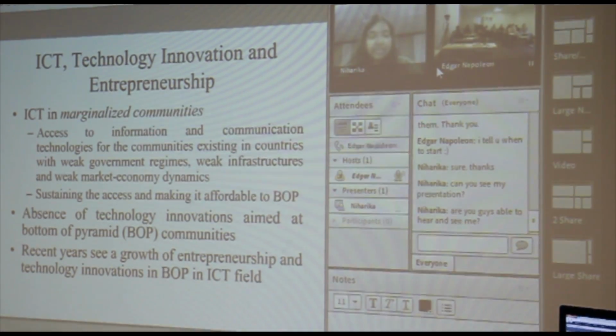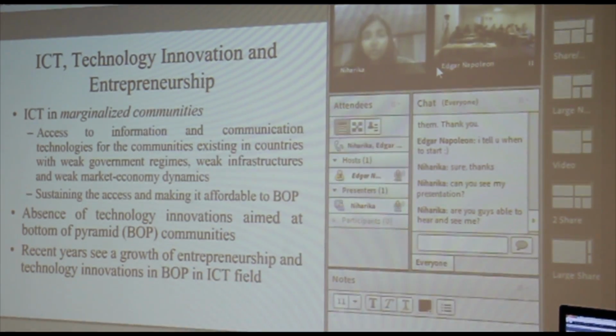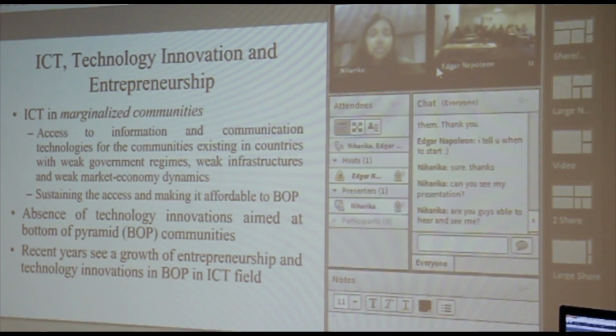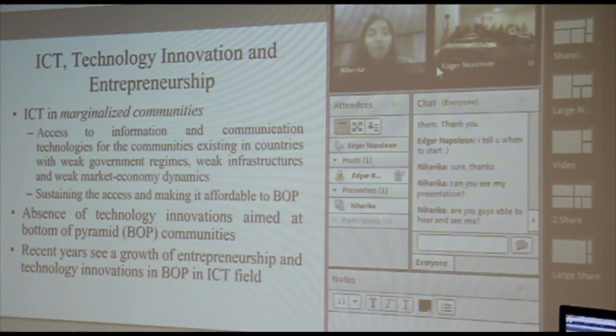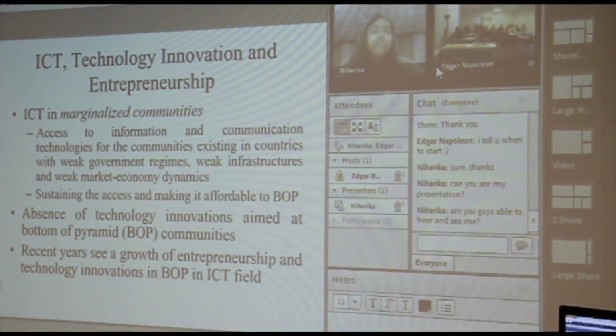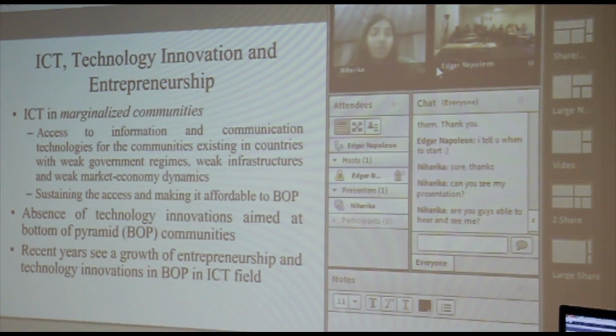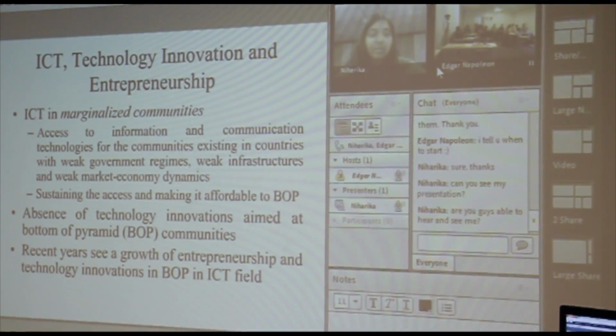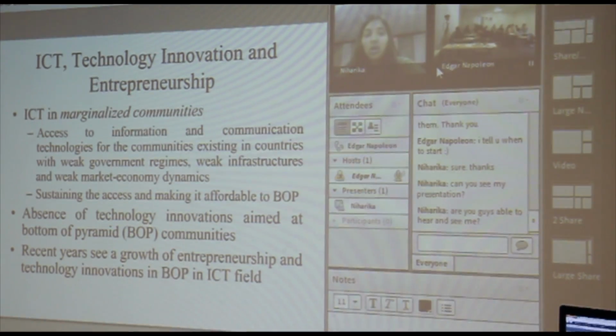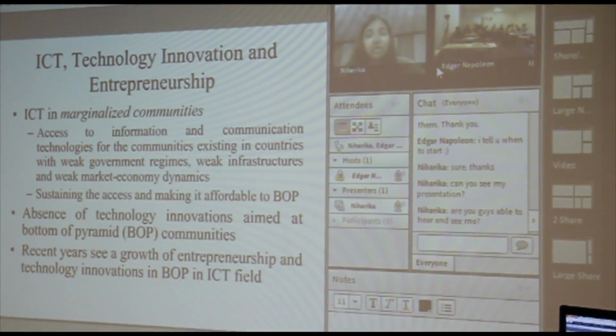And in recent years, we see a lot of growth in that field where organizations, whether they are social organizations or business or profit-making organizations, are interested in expanding and including those customers because now they see that it is a potentially big market and it's a big part of emerging economies. Maybe if you look at economies in India or the market structures in Brazil or other parts of the world, you would be able to see that there are a lot of customers who are waiting to be served.